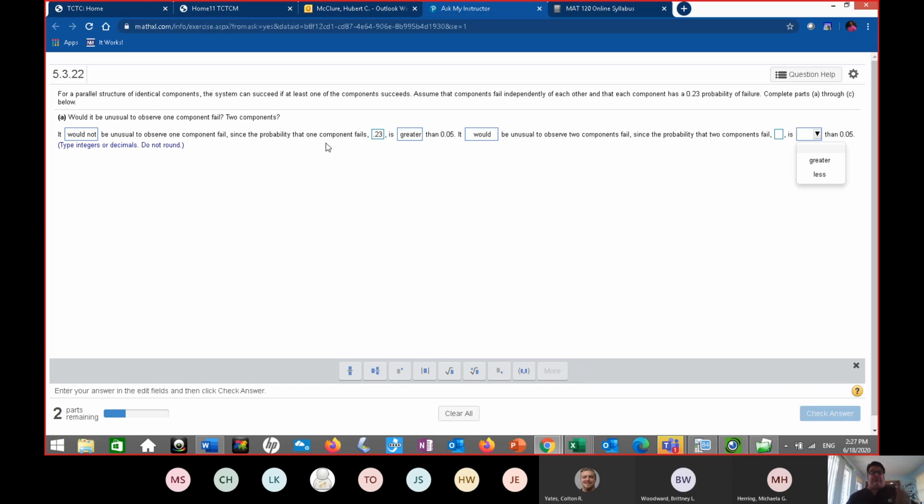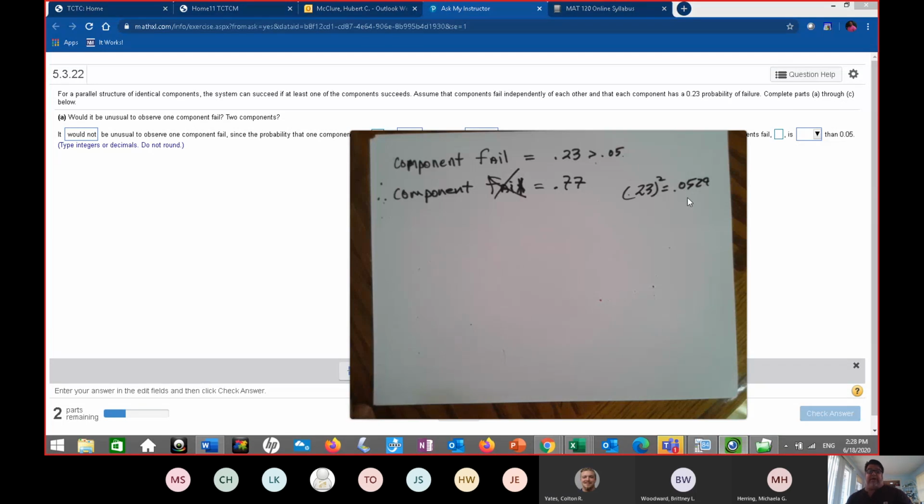And then two components would be 0.23 raised to the second power. What is 0.23 raised to the second power? I got 0.0529. That's still above what? 0.05. That's still above 0.05.